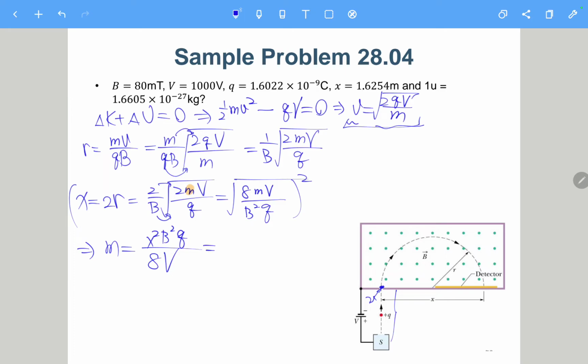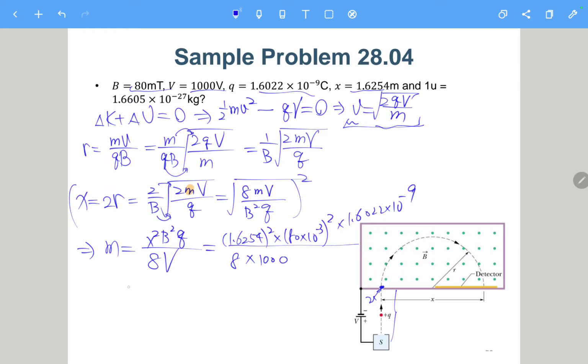Okay, so we can plug in all the values. x is 1.6254 squared, and then times B is 80 millitesla, 80 times 10 to the minus 3 power, squared, and then q is this one, 1.6022 times 10 to the minus 19, and then over 8 times 1000 volt.